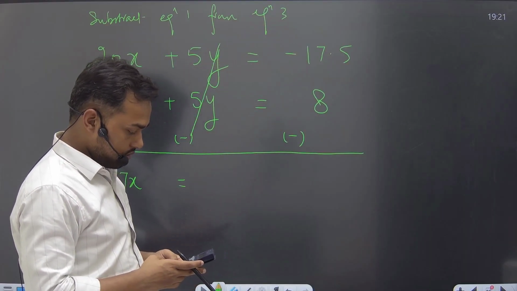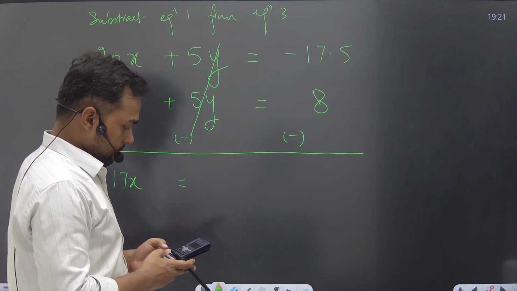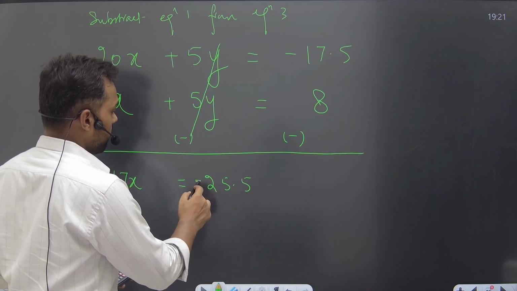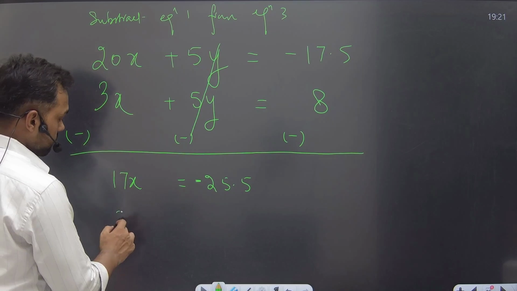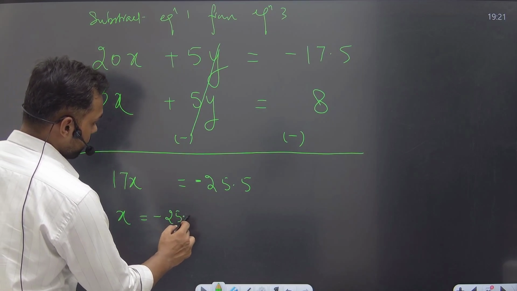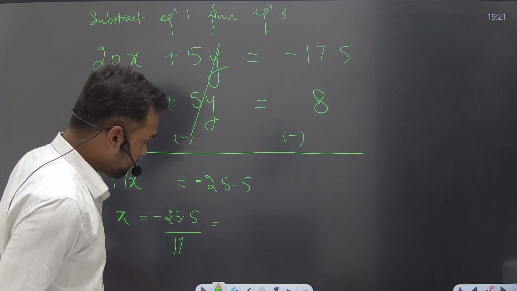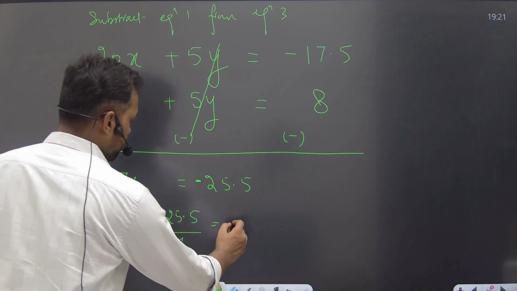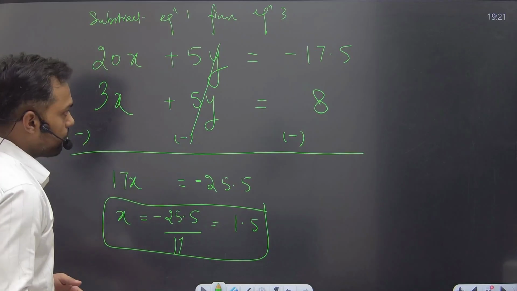So it will be equal to negative 25.5. Okay, now we'll be doing the division part here, that will be equal to negative 25.5 upon 17. So it will give us the value of 1.5, students. So this is the value of x, that is 1.5.